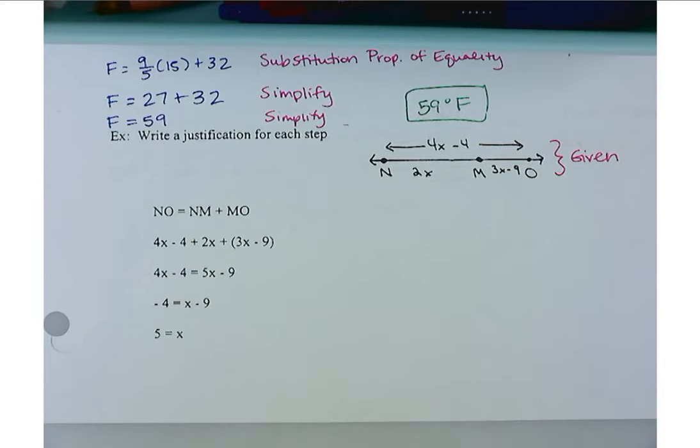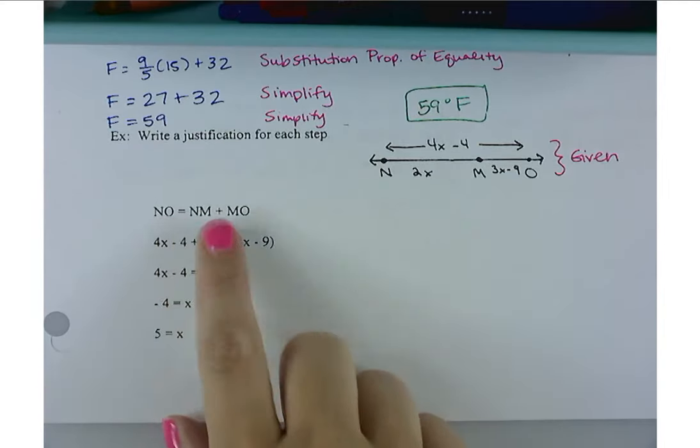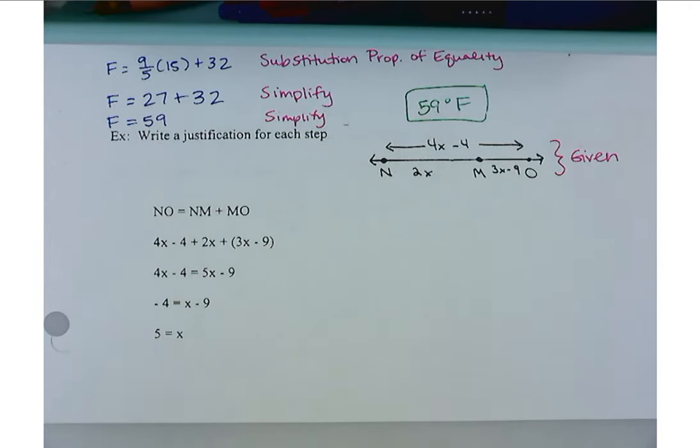Okay, so then we have this. We have NO equals NM plus MO. Does anybody think they know what the reason is? What is this when you have NM plus MO equals NO?